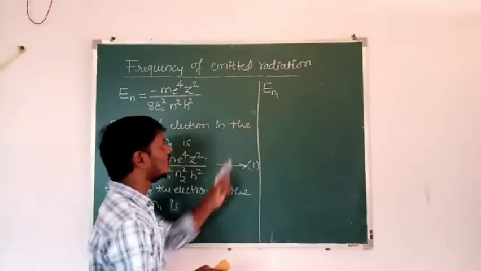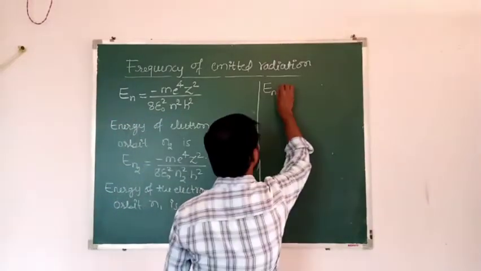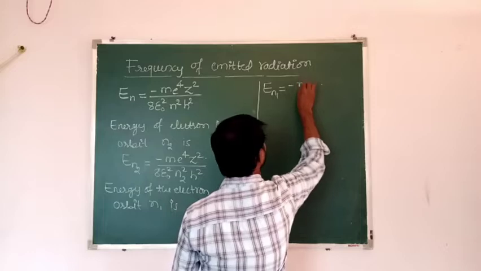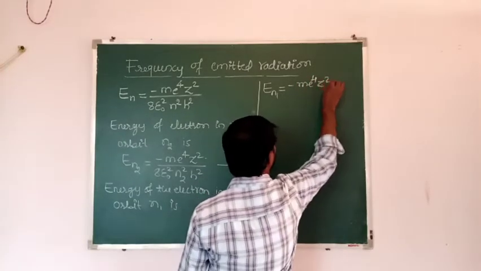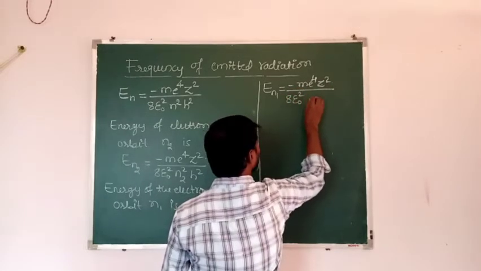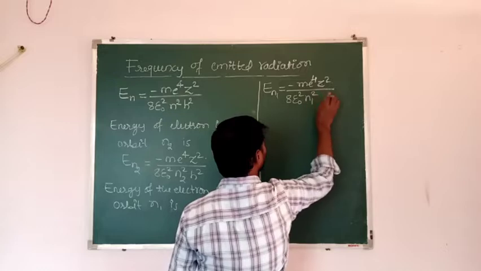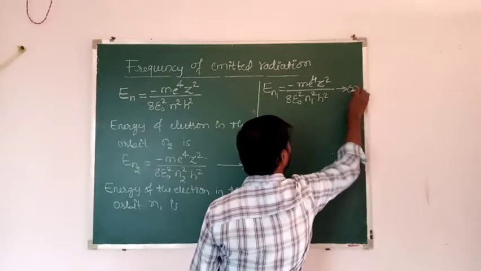Here n1 is the lower orbit and n2 is the higher orbit. En1 is equal to minus m e raised to 4 z square divided by 8 epsilon naught square n1 square into h square. I will call this equation number 2.